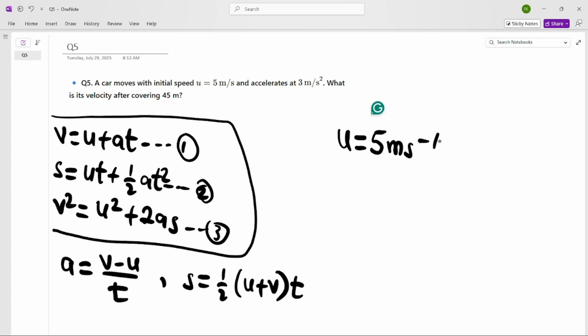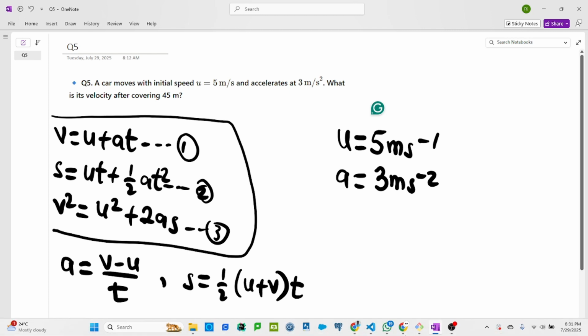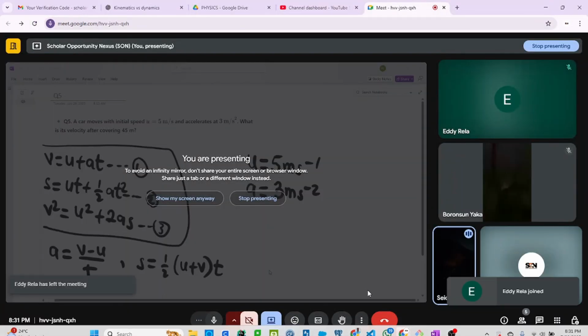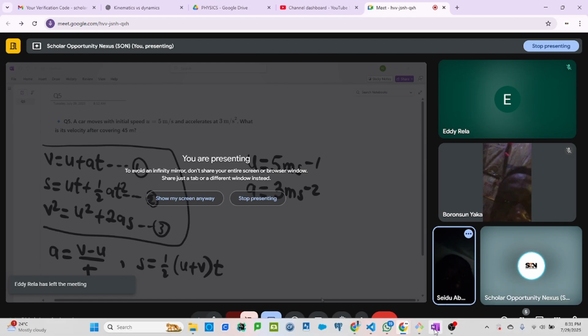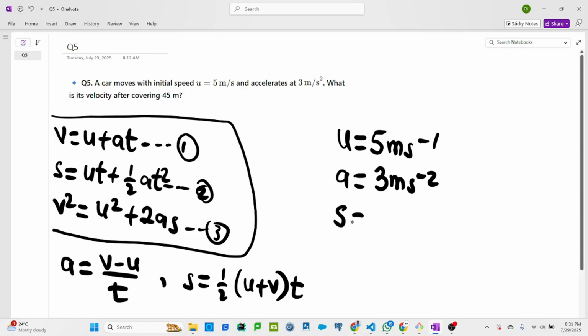We have the acceleration to be 3 meters per second squared. Great, you have the acceleration as a parameter already. What do we also have? The distance is 45 meters. So that's S is equal to 45 meters.